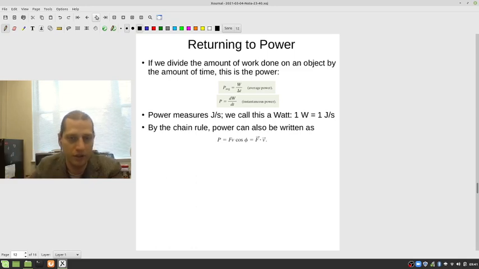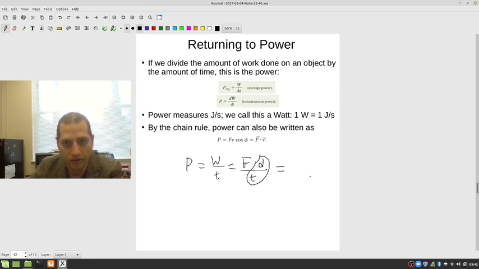And we also established that because power is the work over the time, this is the force times distance over the time, and because distance over time looks like a velocity, this is effectively your force dotted with the velocity. So force times the speed times the cosine of the angle between them.